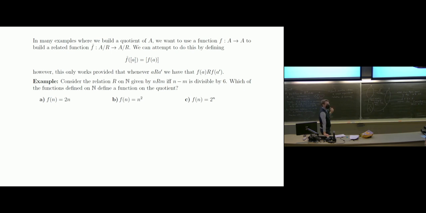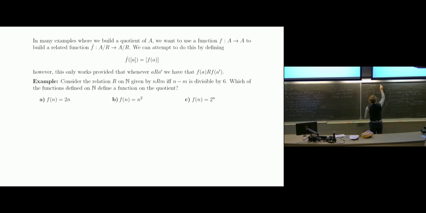So I guess, okay, so take A to be the natural numbers. And B to be the set 0, 1, 2. What we're going to do is map a natural number to its remainder on division by 3. So like 1 gets mapped to 1, 2 gets mapped to 2, 3 gets mapped to 0, because 3 is exactly divisible by 3. 4 gets mapped to 1, 5 gets mapped to 2, 6 gets mapped to 0 because it's divisible by 3.